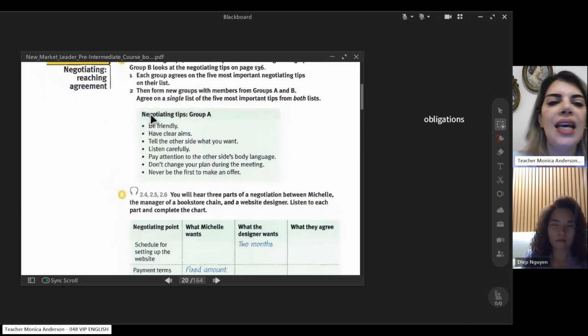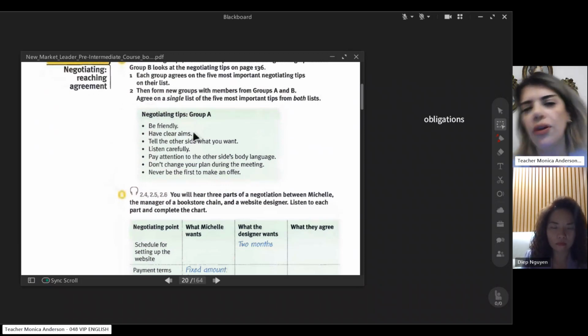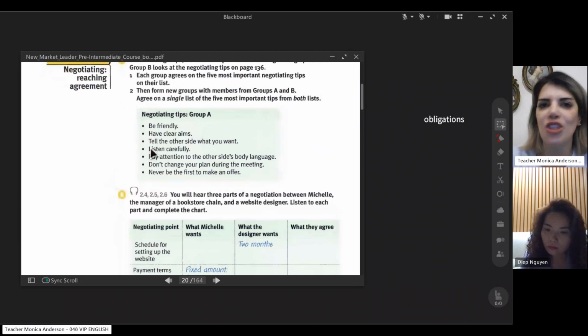So we have the first, be friendly, reaching agreements. So there are some tips. Let's discuss how to negotiate. Be friendly, have clear aims, tell the other side what you want, listen carefully, pay attention to the other side's body language, don't change your plan during the meeting, and never be the first to make an offer.